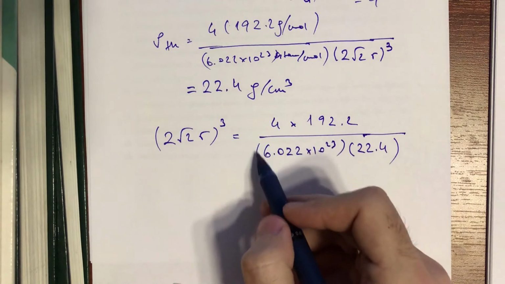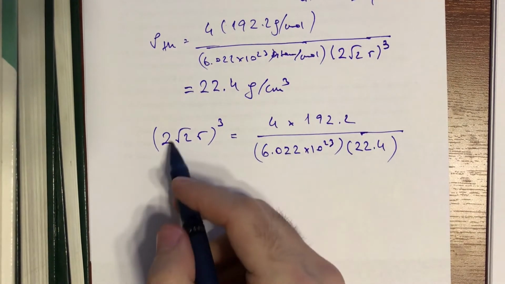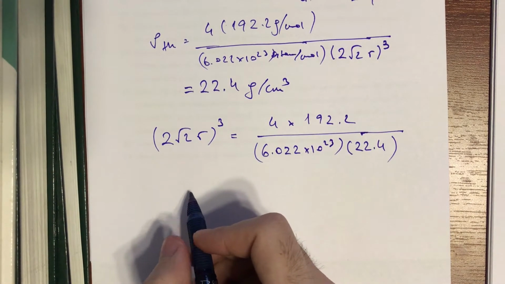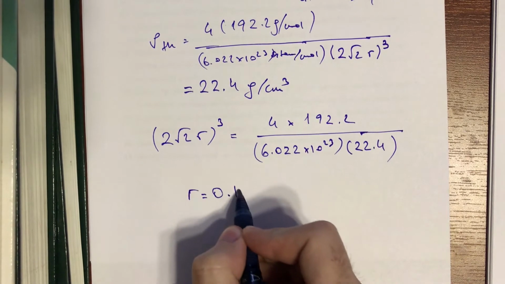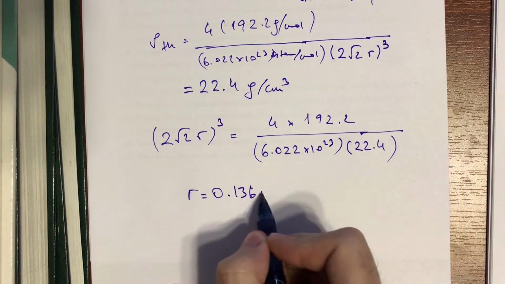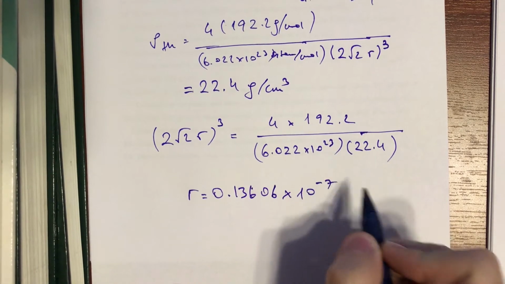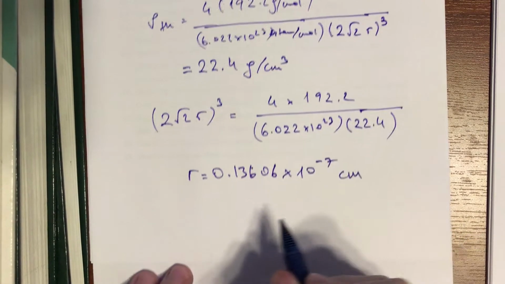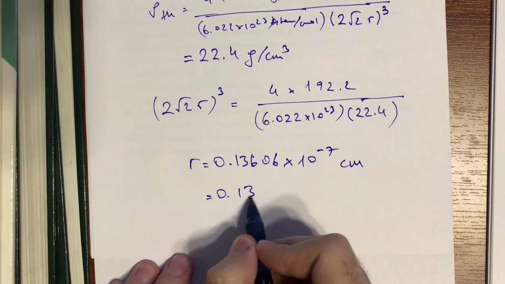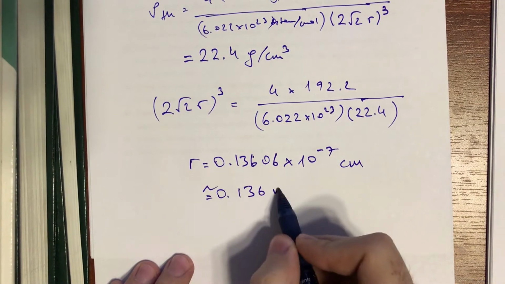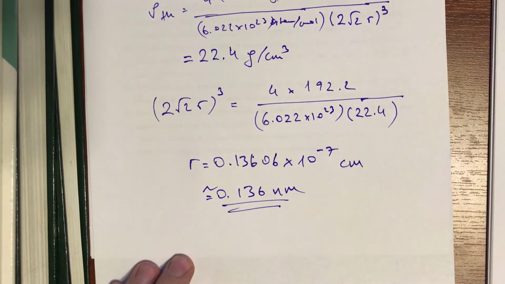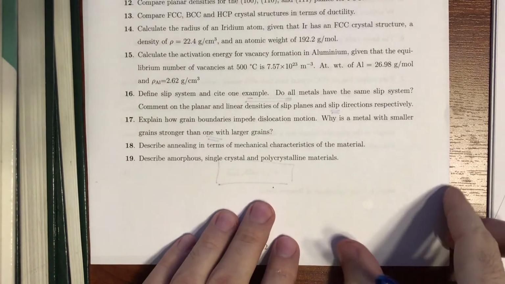Take cubic roots of both sides, then solve for r to get 0.13606 times 10 to the power minus 7 centimeters, which is approximately 0.136 nanometers. Okay, so that was that.